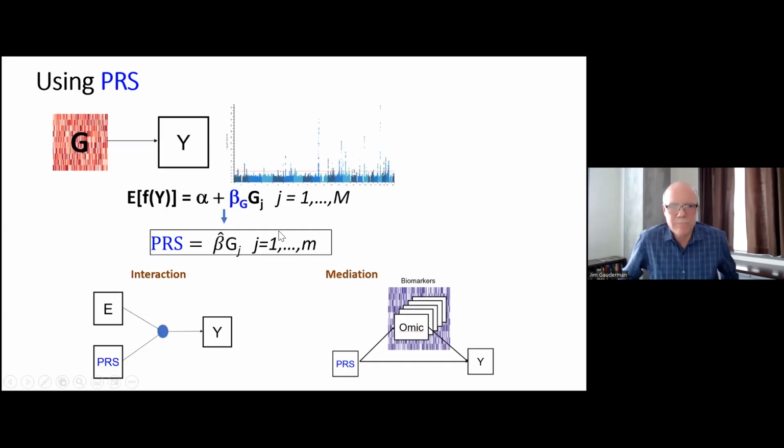All right, so basic PRS. So GWAS SNPs, you form a linear predictor out of the significant SNPs or flanking SNPs or some large collection. You end up with this kind of an expression. And people are starting to use these not only to look at direct risk on some outcome, but to also think about how to use those for interactions or for effect mediation.